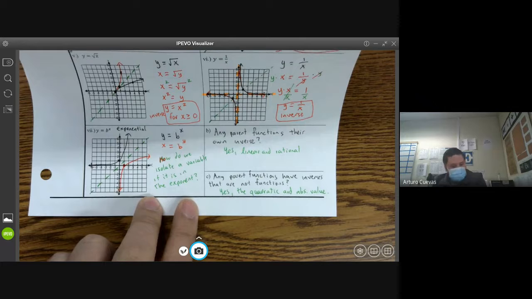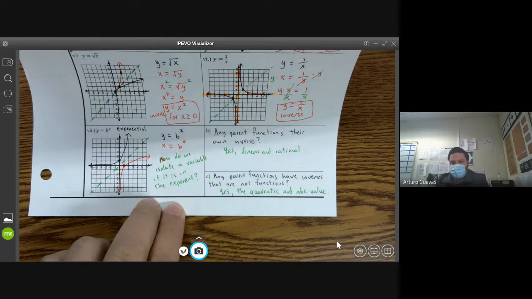When you're ready, turn the page. Now we're going to do the back side.